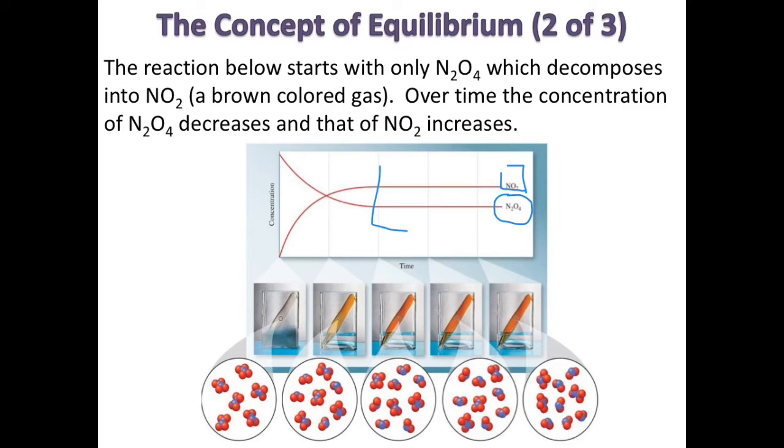But starting at about here and going forward, the concentrations of each stay about equal. And we get flat lines. That indicates that we are now at equilibrium.